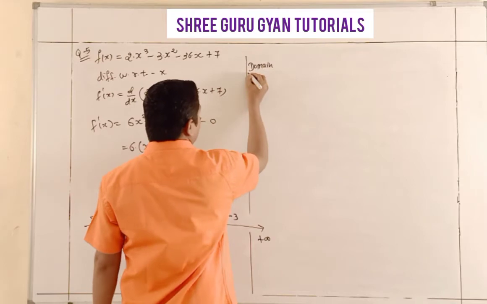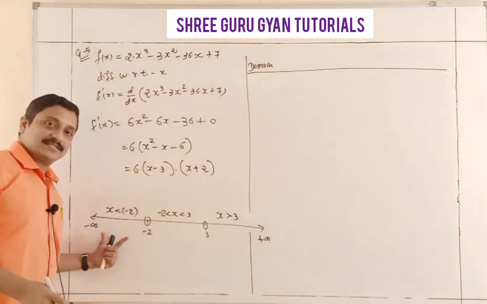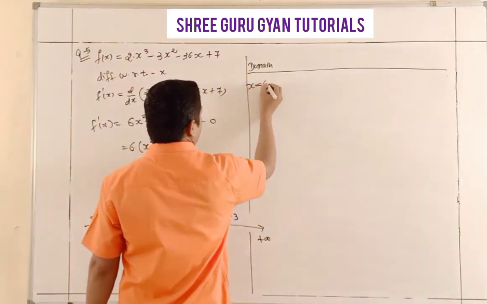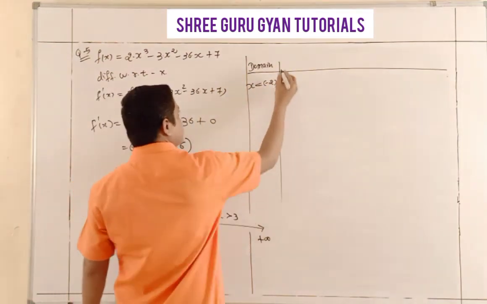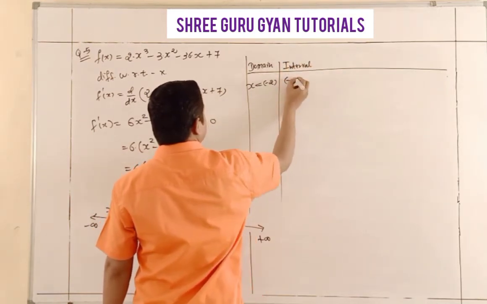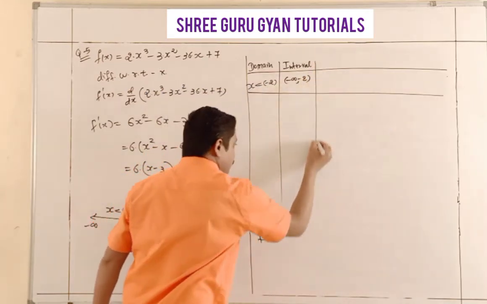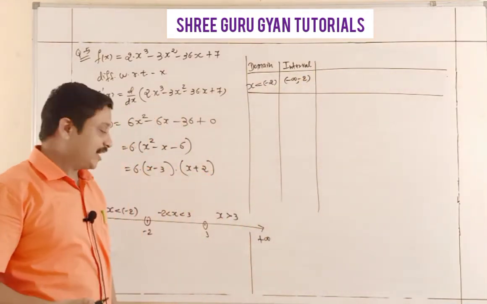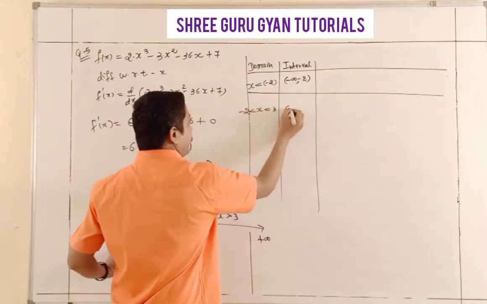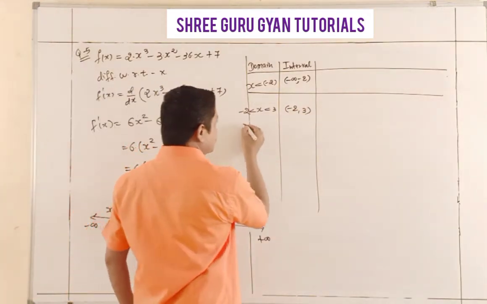Students, in the first domain, here I start with x less than minus 2. Definitely you can say the interval: my first interval is minus infinity to minus 2. Correct? And second, the interval is also the same, minus 2 to 3, and that's your second case.